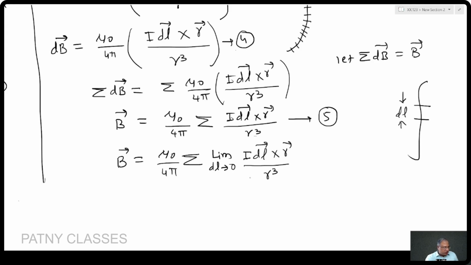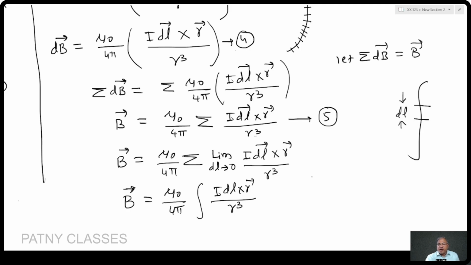Now the same equation we can write in the integration form, that is mu naught upon 4 pi integration I dl cross r divided by r cube. By using this relationship, we can also find out the vector B. So this is the integration form.